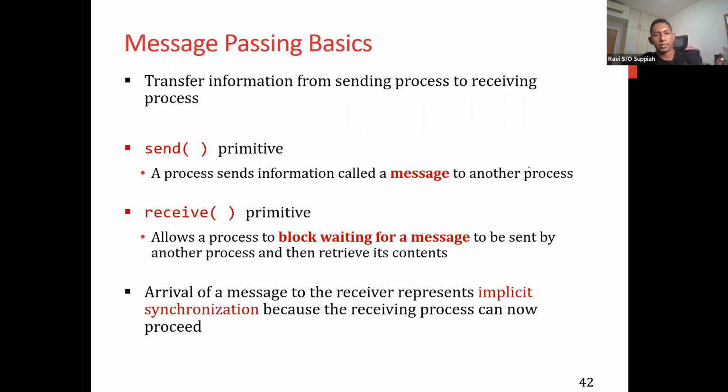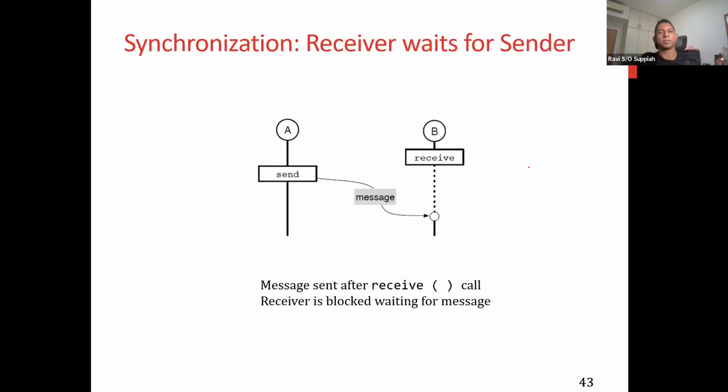Generally, we have two basic forms of message passing functions, which are the send and the receive. Of course there are a lot of variations around how send and receive may be implemented, so we're going to look at the variations and what the OS may support and may not support.